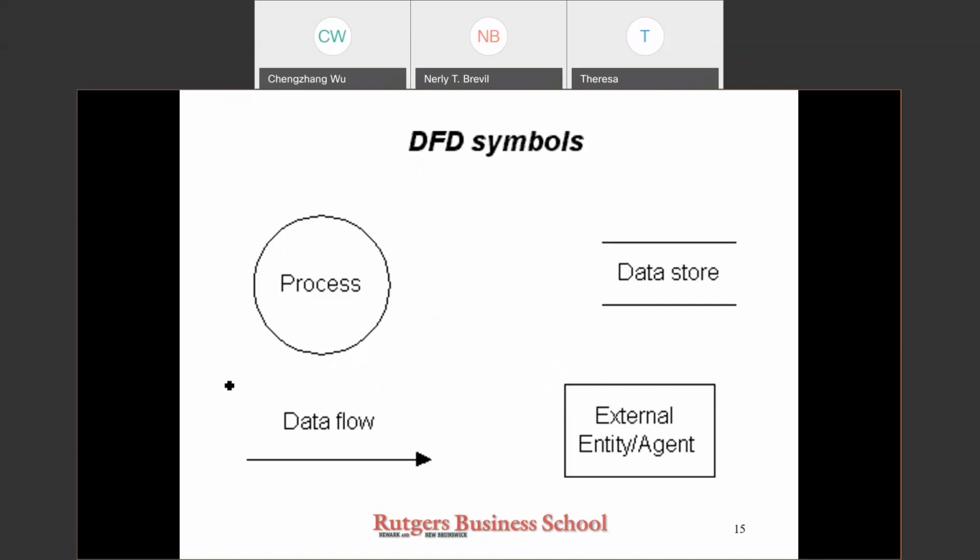They are circles to represent process, arrows to represent flows of data, open-ended rectangles to represent stores of data, and the square box to represent an external entity.